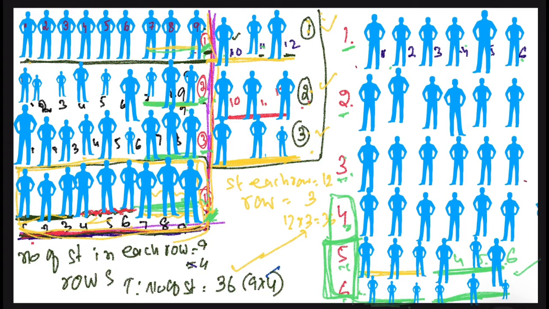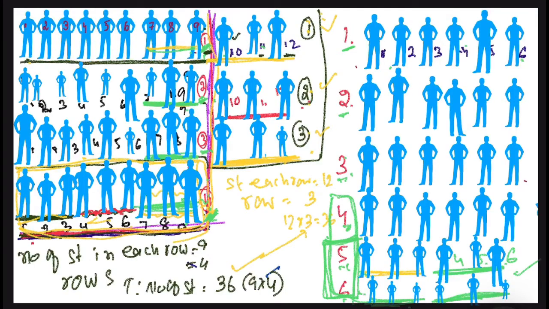This is the funda. Let's read the question, what is it saying. The same type of question only. He is saying that the students of a class are made to stand in rows. We don't know how many students were there.